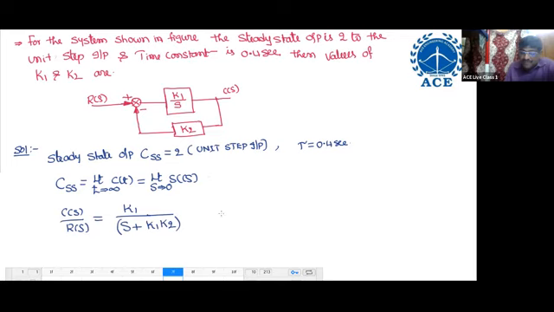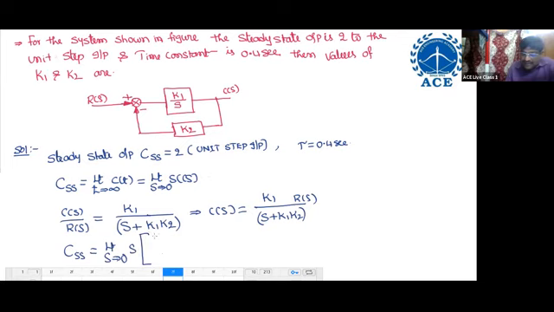That means C(s) equals K1 by (s plus K1 K2) into R(s). Now substitute this C(s) in the CSS. CSS equals limit s tends to 0 of s into C(s).